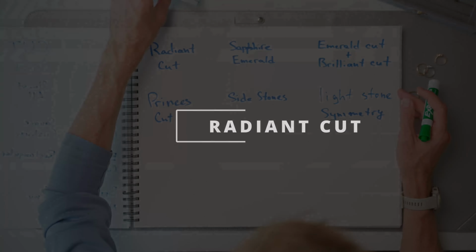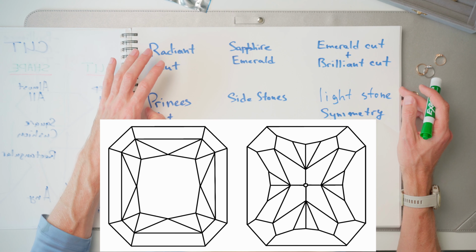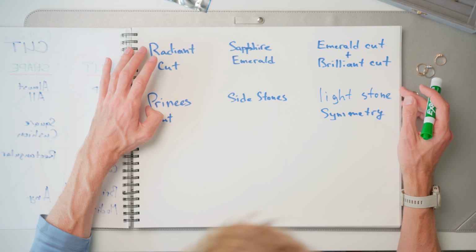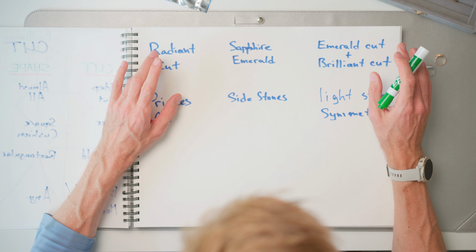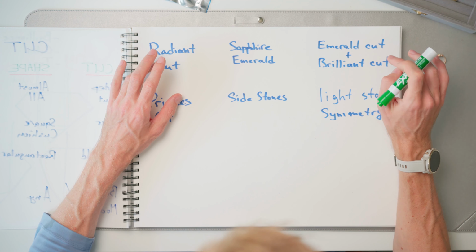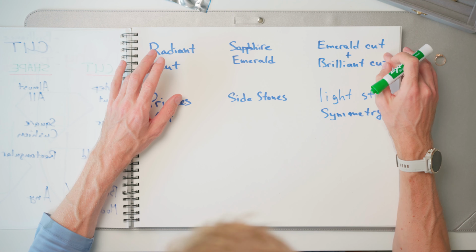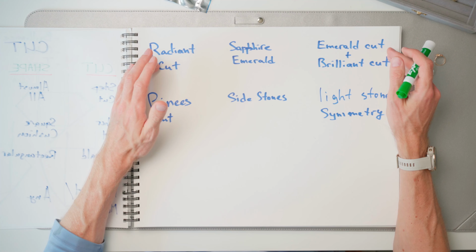Let's talk about the radiant cut, and then lastly the princess cut. Radiant cut, very simple, very easy to remember. You just combine the emerald cut and the brilliant cut together.